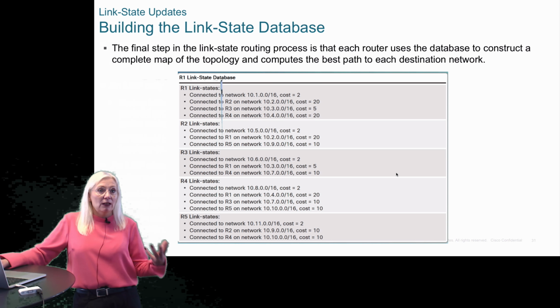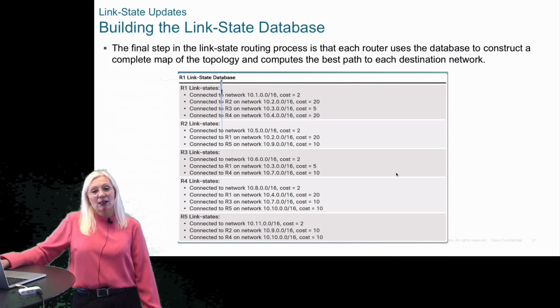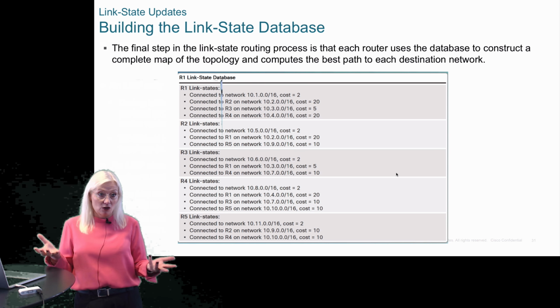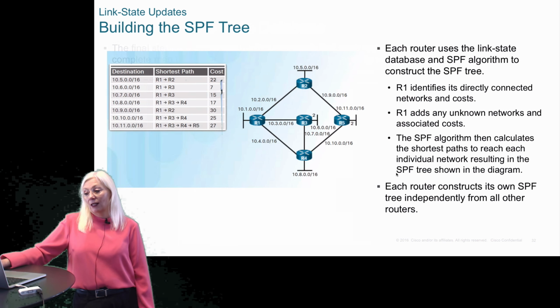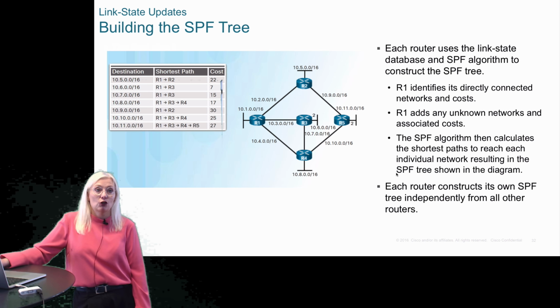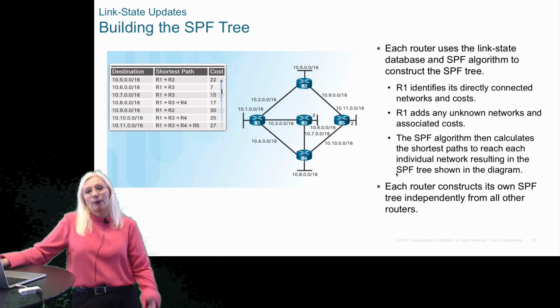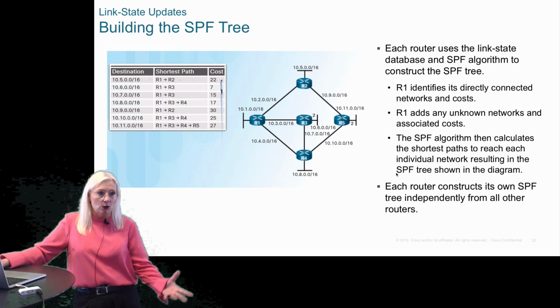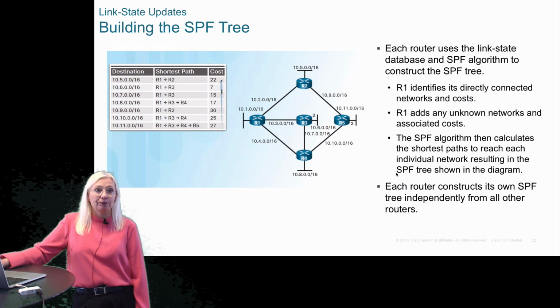Then they build a link state database telling us all the different connections and all the different costs. By using this database, they will build their shortest path tree. Then they will know which way they prefer, what is the fastest, the best path to our different networks. That is the routing protocol.